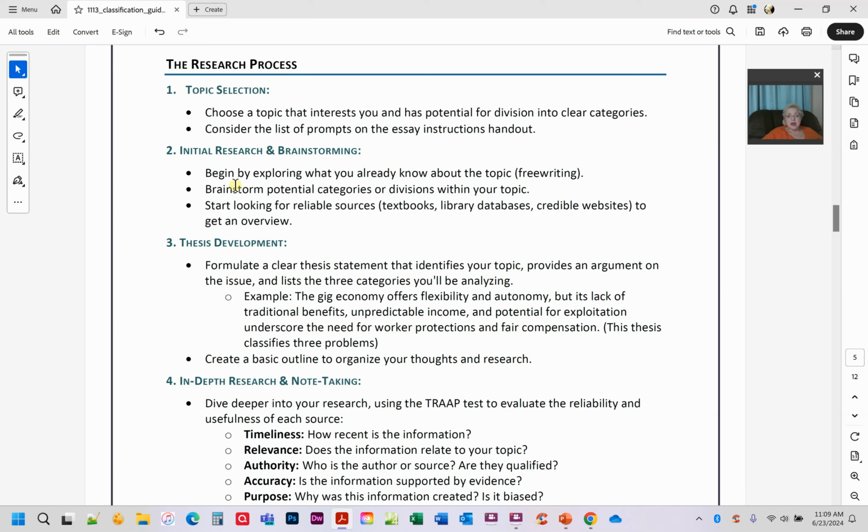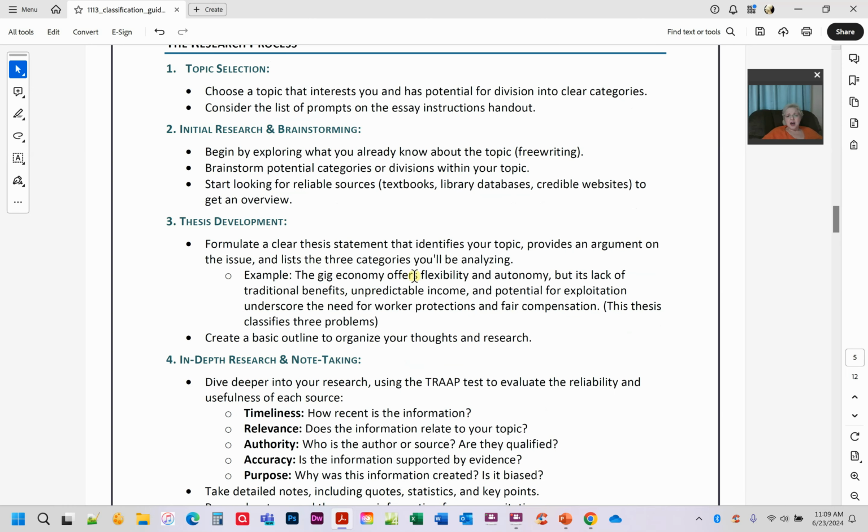So you can see the example here, the gig economy. So there's our topic. What are we going to say about it? It offers flexibility and autonomy, but it has some problems that might hurt workers, right? So it doesn't have traditional benefits, it has unpredictable income, and it has potential for exploitation.